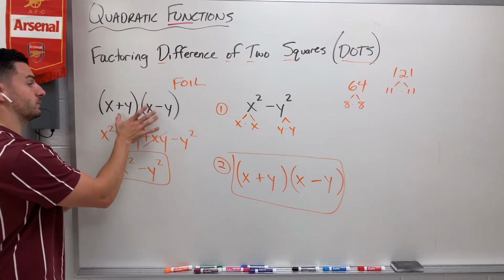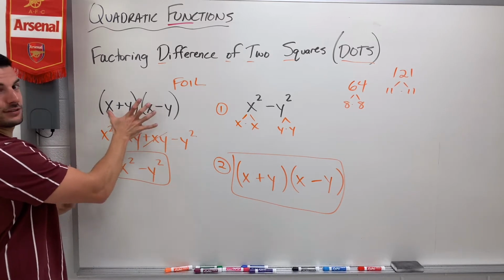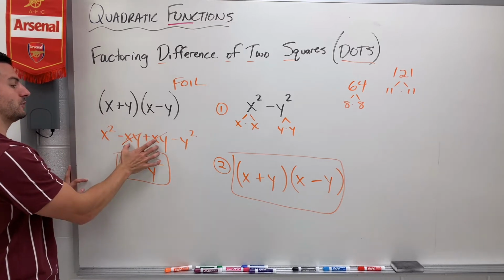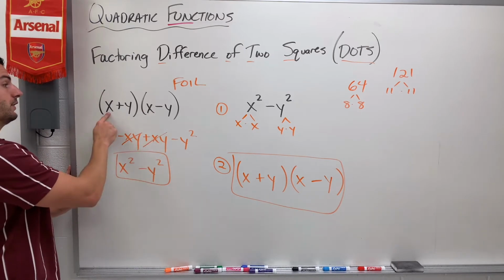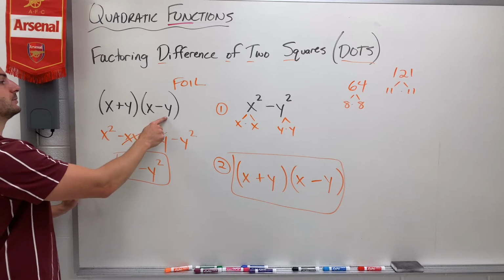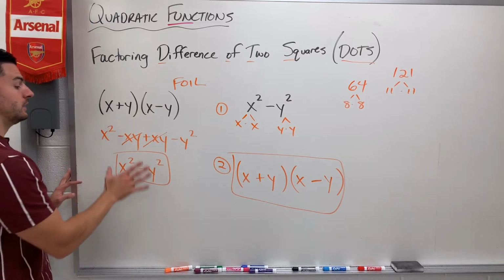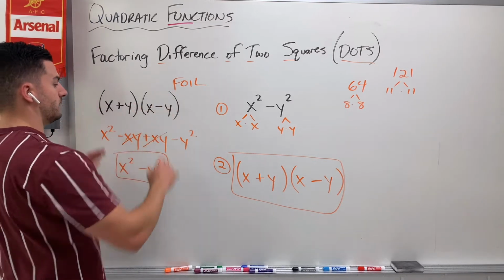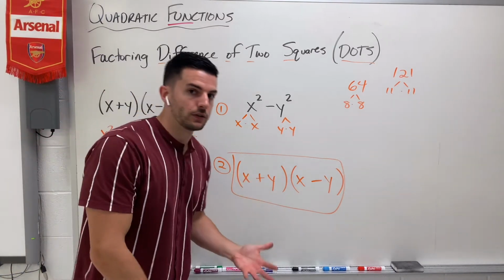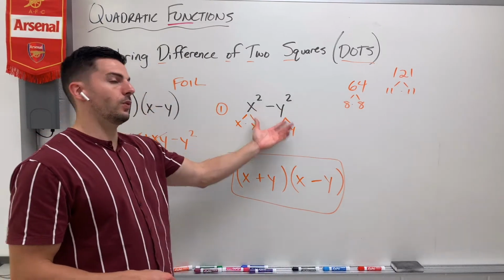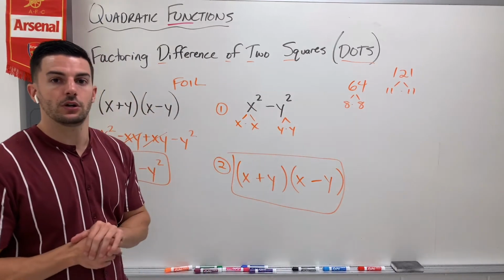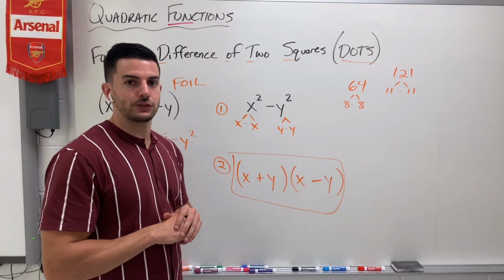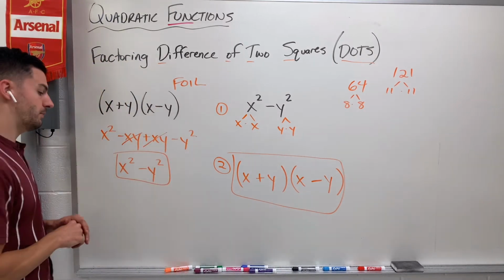So the fact that these were different signs made these middle terms cancel out. I'm just left with the x times x and then the y times negative y. So again, the reversal of that is very easy to do, but you just have to recognize when it's two perfect squares. Let's do a few more examples and then hopefully you got it by then.